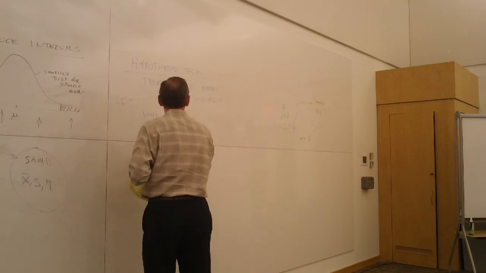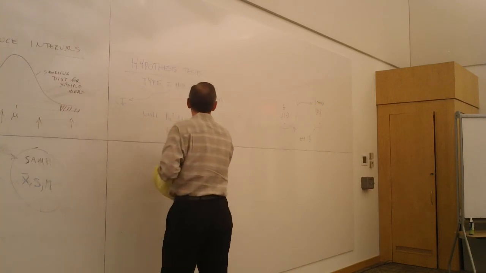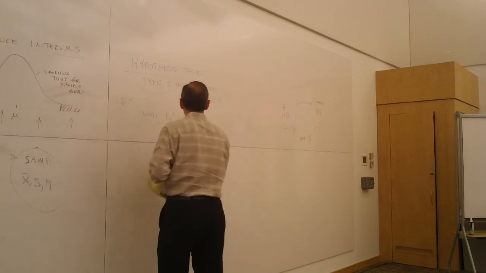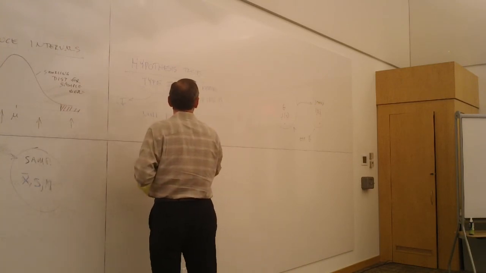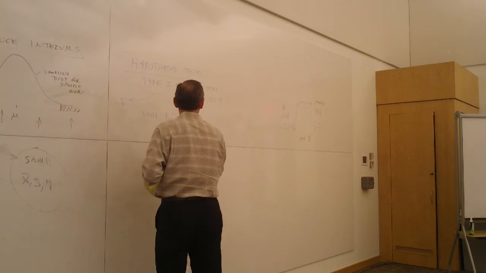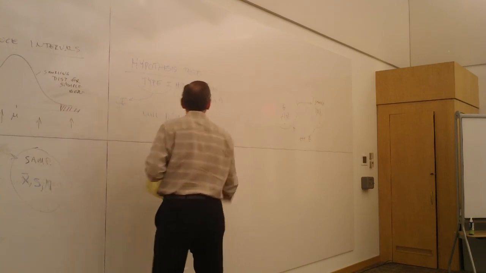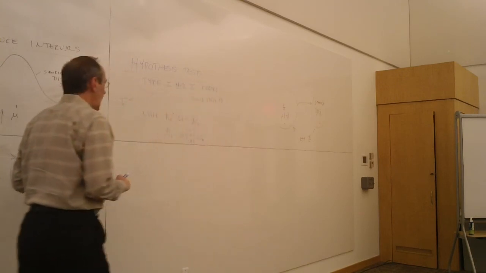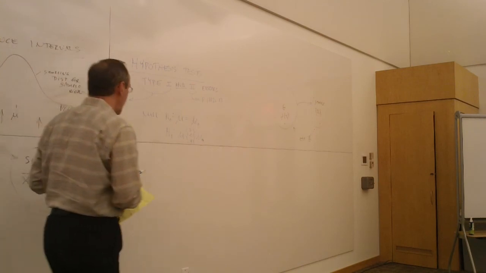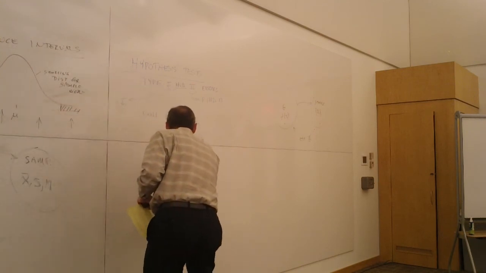And then we have an alternative hypothesis that says that the mean is greater than, less than, or not equal to that value. Now there are two kinds of errors we want to worry about. Now we'll do the table.